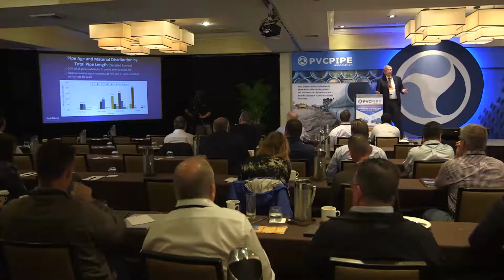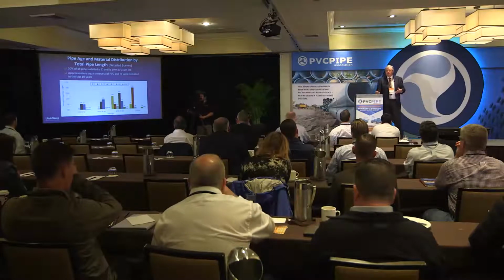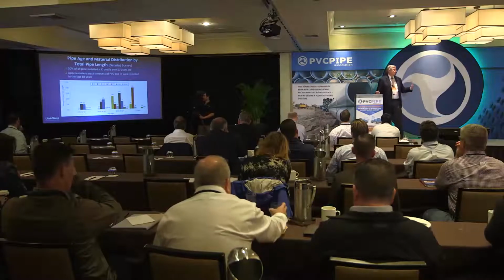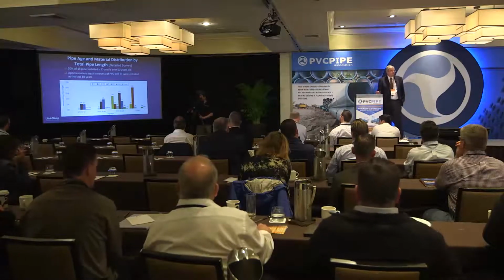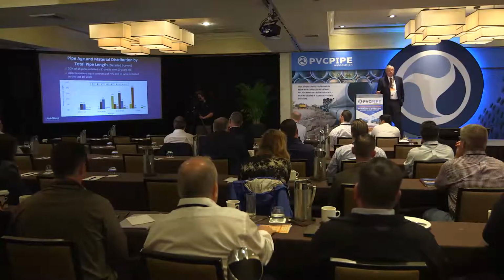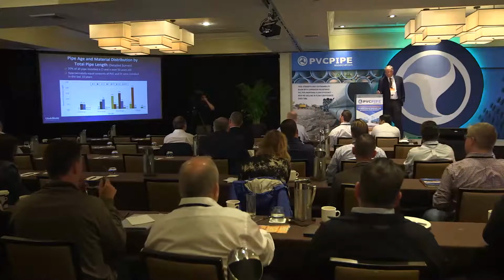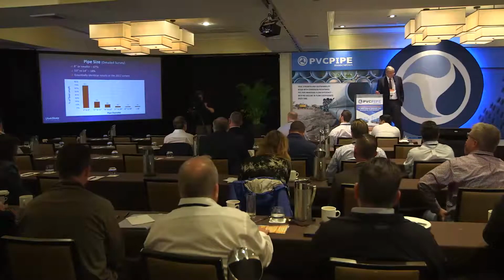But keep in mind, that's not just replacement rate, that's new installations, new pipe put in for subdivisions that are being developed. That's not a replacement rate. We don't have a replacement rate of 1% per year. We're less than that, and that's coming up as an important point of this study.